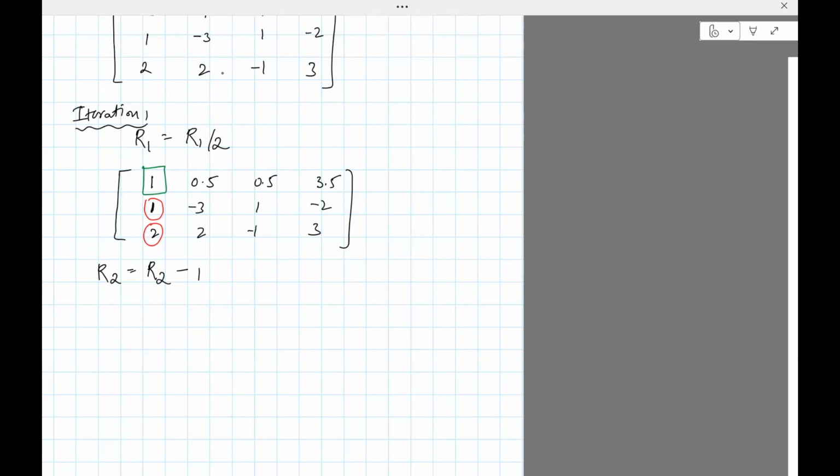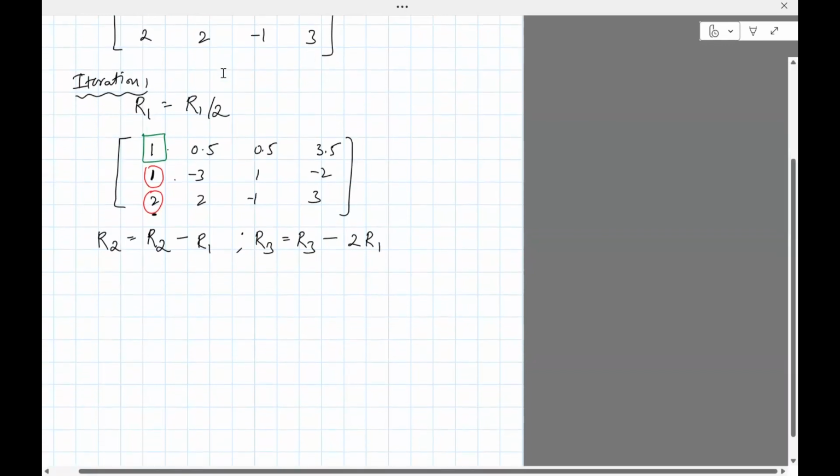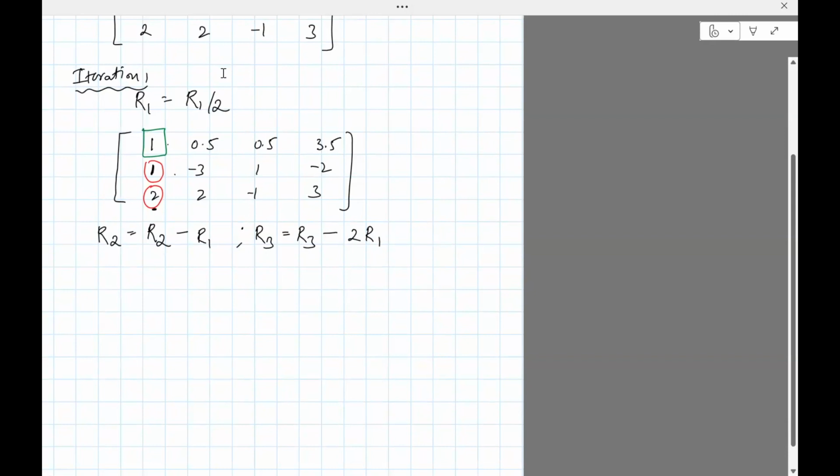Sorry, row 2 minus row 1, my bad. Just subtracting the first row from the second one will get rid of that. And to eliminate the 2 in row 3, column 1, row 3 will be row 3 minus 2 times row 1. So there are 2 operations. Let's do them, and you have to carry them out for the entire row. The first row will remain as is.